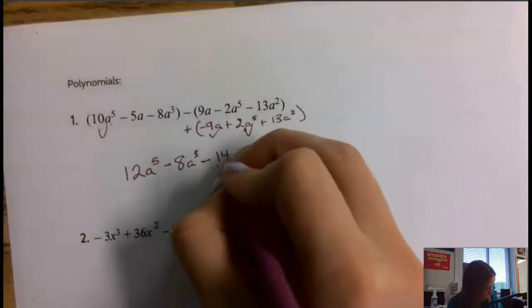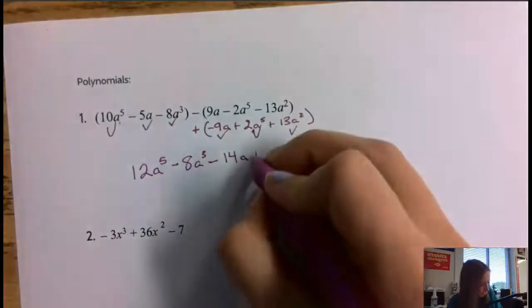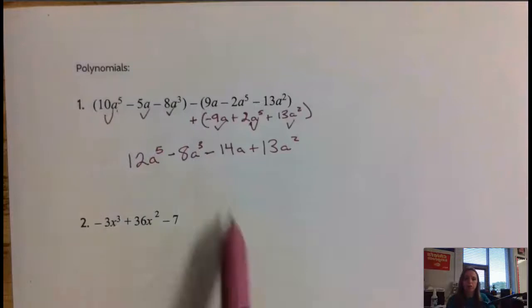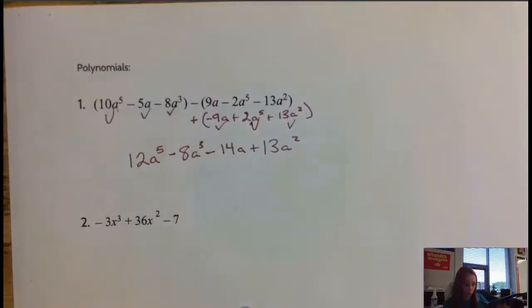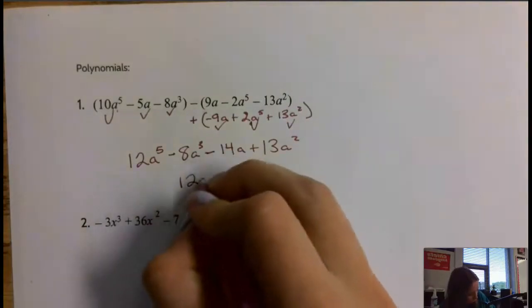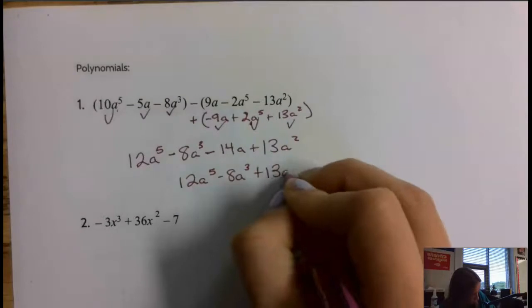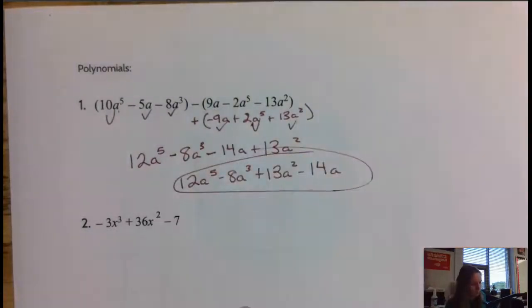So I'm going to combine those and get a -14a. And then lastly we have +13a to the 2nd. Now, is this in standard form? Are these going in order from greatest to least in our exponents? Not quite. So we're going to rewrite this. And there we go. So that is our answer there.